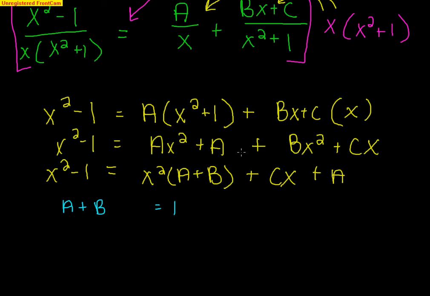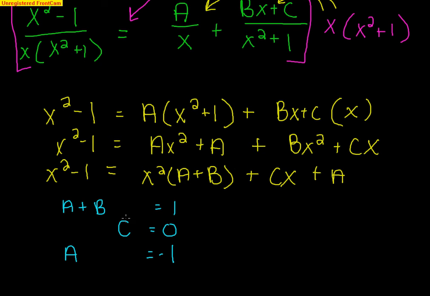And then there's no degree 1 term over here for x, so we just set c equal to 0. And for the third linear equation, we set a equal to negative 1.